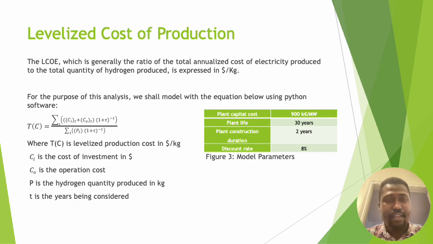We have an expression here given in this slide. We have a model here where the plant capital cost is about 900 kilo euros per megawatt. The plant life is about 30 years. The plant construction is for 2 years, and the discount rate is 8%.